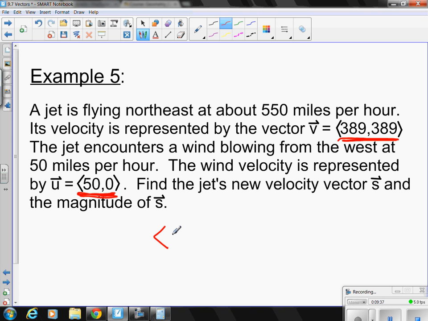We can just take the 389, add the 50, we're going to get 439. Nothing is changing in the y, right? The wind is just pushing the plane further this way in the x direction. Okay, and then you could figure out the new speed of the plane by using the Pythagorean theorem again.